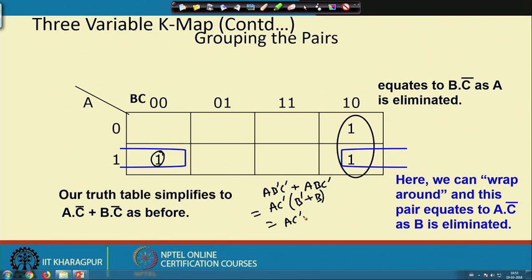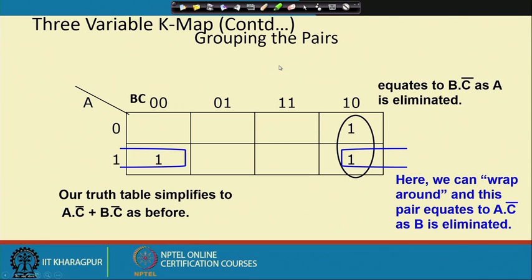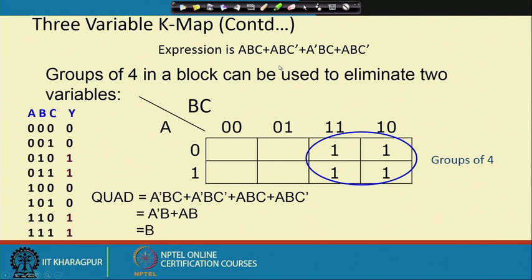Ultimately, we have got this A C bar term from this blue square, and we have got the B bar C term from the first one. That's what I was saying, that it is a wraparound connection. So we can wrap around and get more minimization for this part.